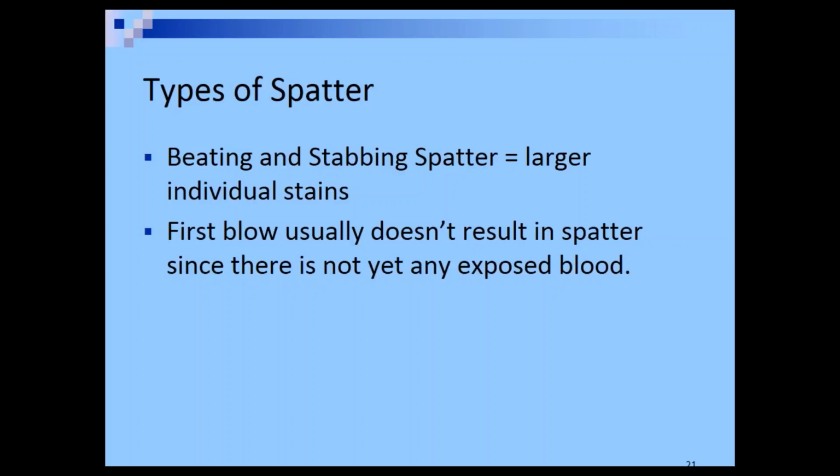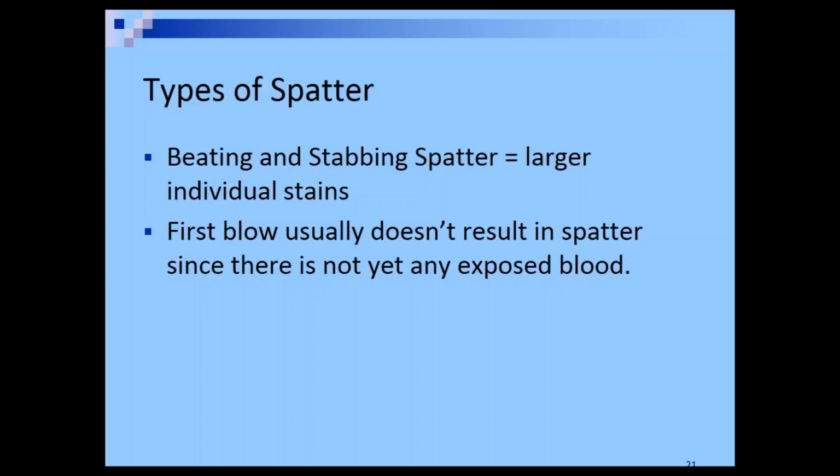But with the beating, it's not like in the movies where somebody gets punched in the face one time and then blood comes flying out of their nose all over the place. Usually you have to have that first impact to break the blood vessels. So I get punched in the face once, my blood vessels and my nose are broken, and the blood starts to flow. And then it's the second impact where the spatter starts coming out.